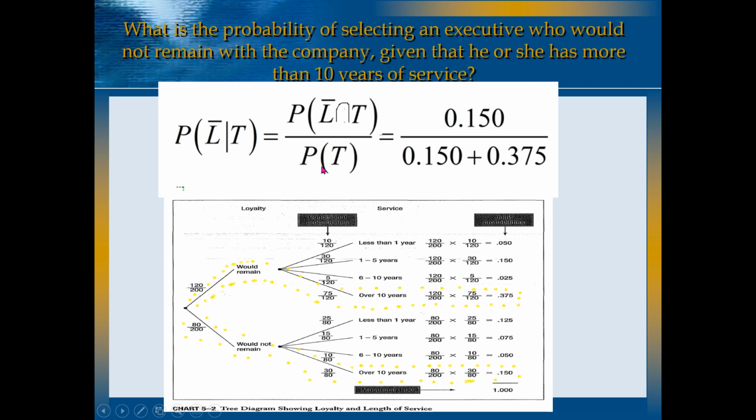So now more than 10 years of experience is possible for the case of those who would remain loyal and those who would not remain loyal. So these are two possibilities. So I'm going to add 0.375 and 0.150, right?